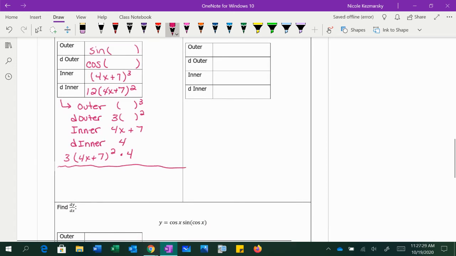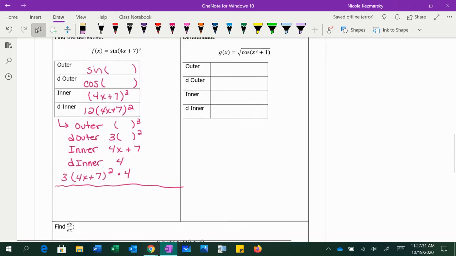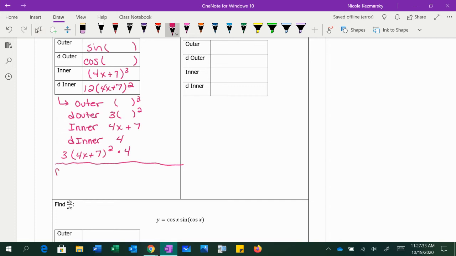So when I finally put all that together, we called the function f, so the derivative is going to be f prime of x. I'm going to have cosine of the inner, which is 4x plus 7 to the third, times derivative of the inner, which is 12 times 4x plus 7 to the second.